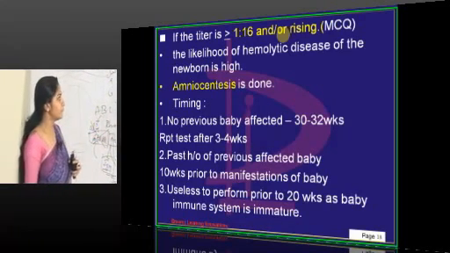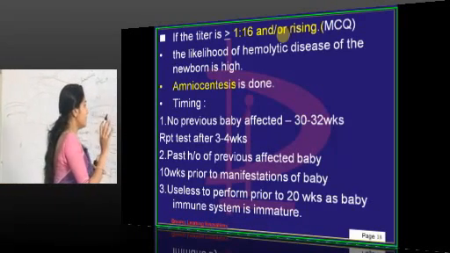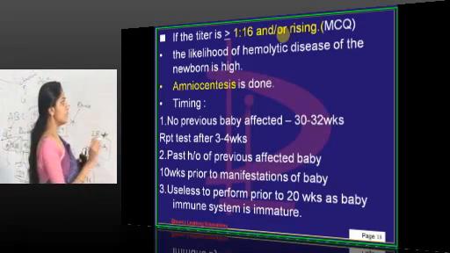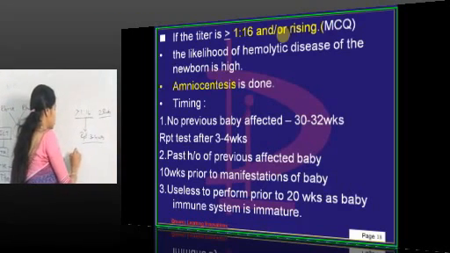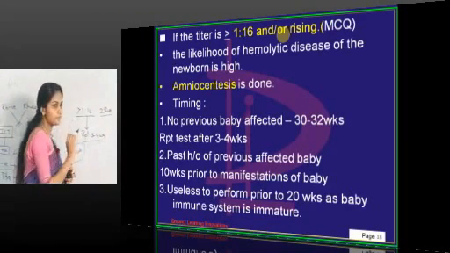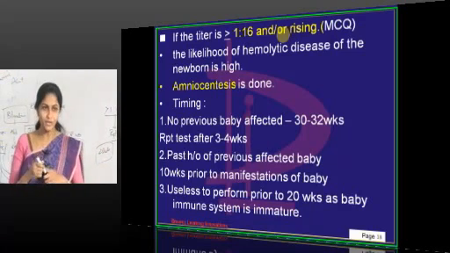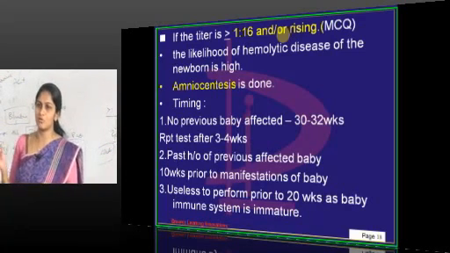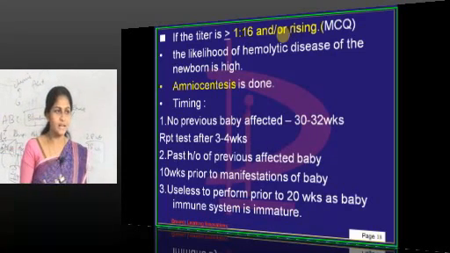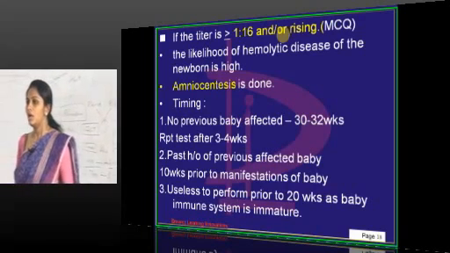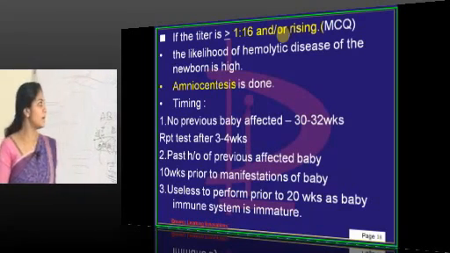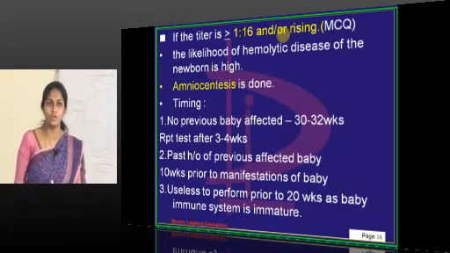But the very important thing to remember is that we will not get anything if we do it prior to 20 weeks. Why? Prior to 20 weeks, even if you do amniocentesis, you may not get correct values, because the baby's immune system is immature.